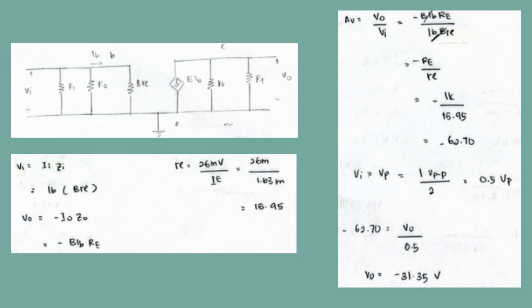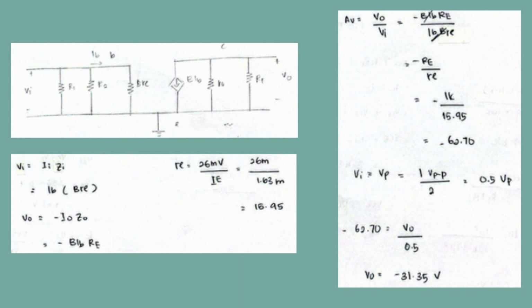For question B, the question asks for V in, V out and also voltage gain. So for figure 2, we redraw the AC equivalent circuit. We get it like this. The equation for V in is I in multiplied by Z in.